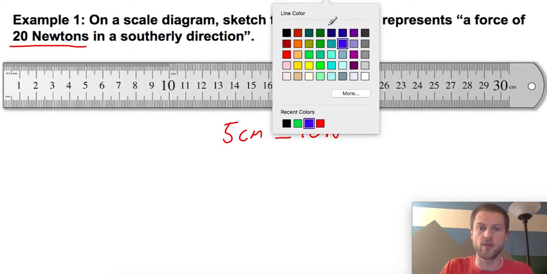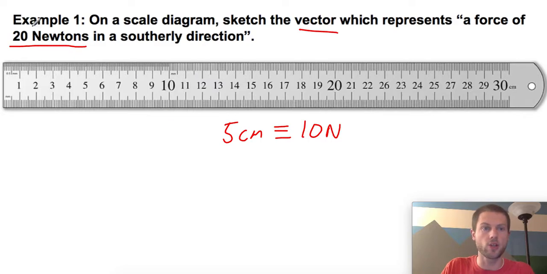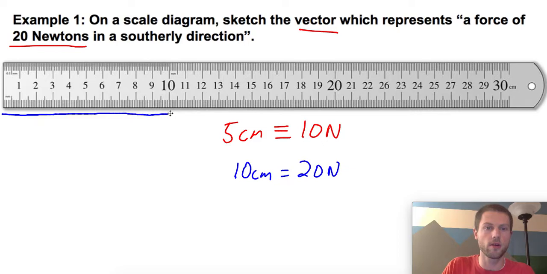That means that if I want a 20 Newton line segment, or size of a vector, I'm going to need 10 centimeters, since 10 centimeters is going to equal 20 newtons. So I can take a 10 centimeter line segment that'll go from here to here about.